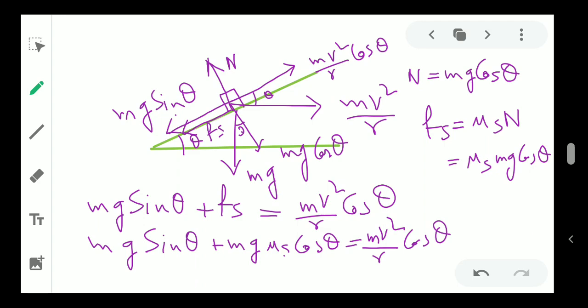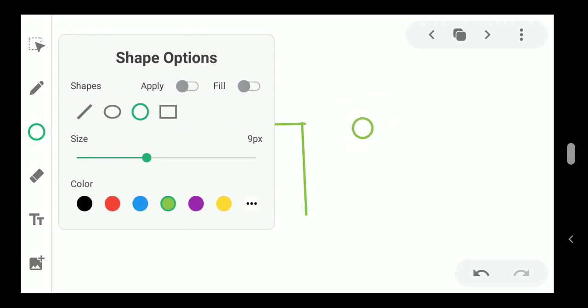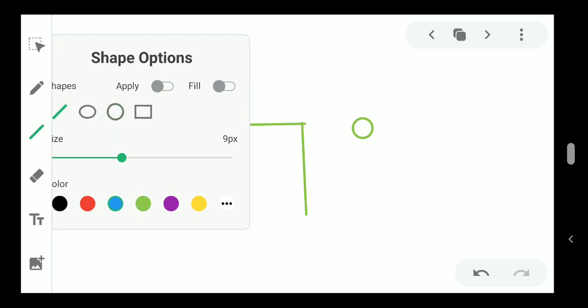Let's say one kind of problem we can have: let's say I have a floor like this, and I have a small pulley here, and also I have a thread here.